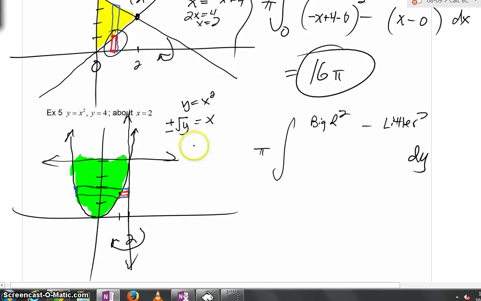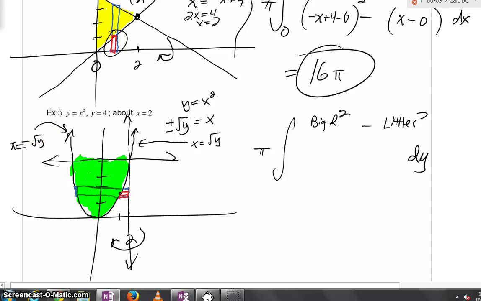Guys, on the right of the y-axis, I've got x equals the positive square root of y. To the left of the y-axis, I've got x equals the negative square root of y.